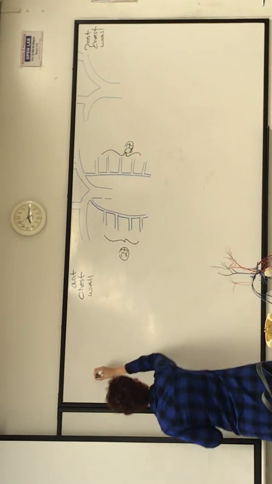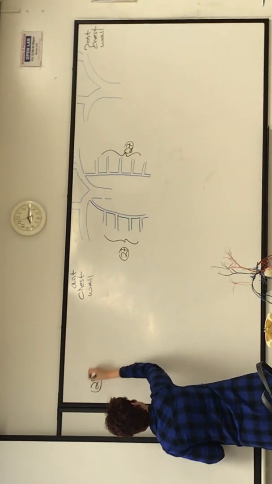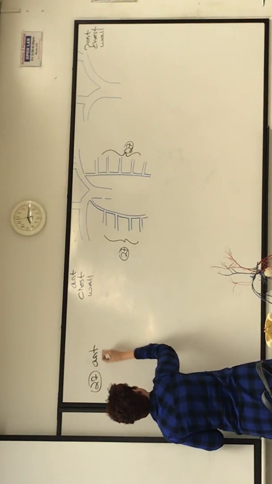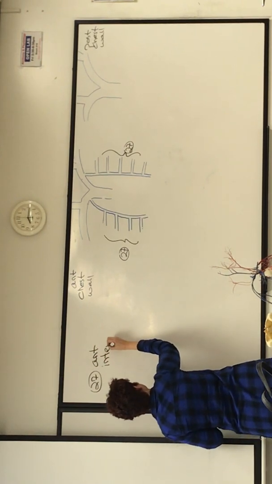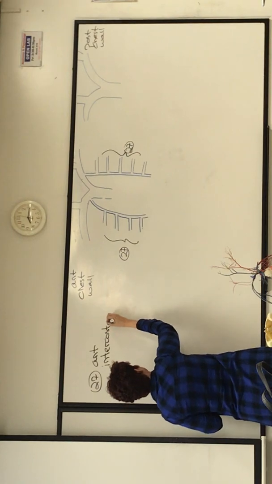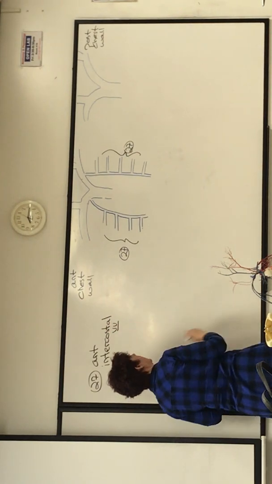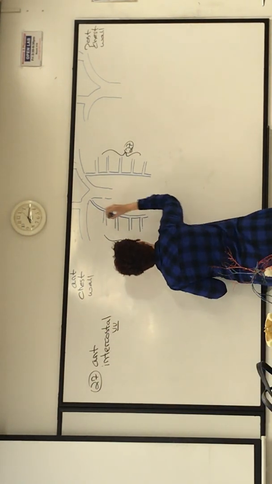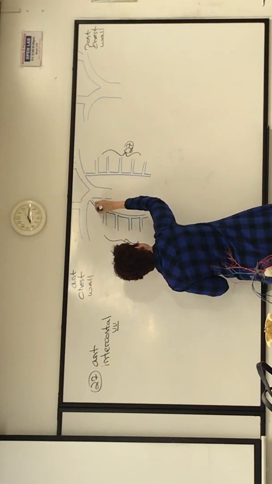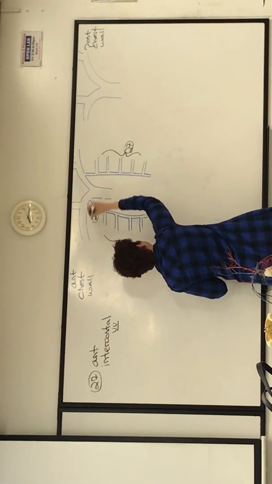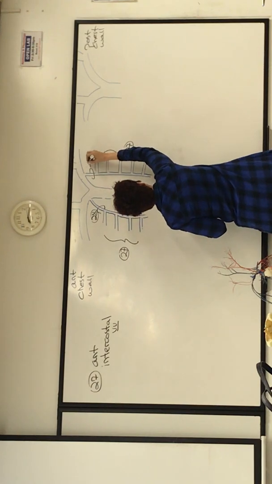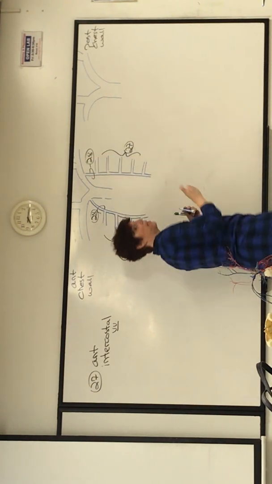Anterior intercostal veins. And 28, right here. Internal thoracic veins. And those are draining into the brachiocephalic.